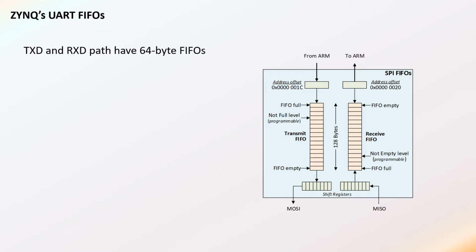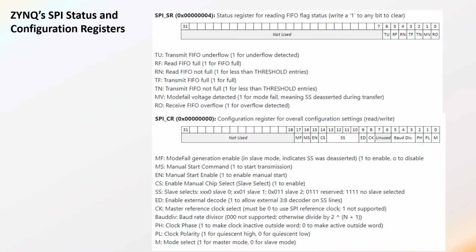So if you look at the registers available to control FIFO operations, here's a couple of the main registers. The top register definition is out of the user manual page on the website. The top register is a status register, and it provides, it looks like, 7 bits that you can read to tell you the status of the FIFO.